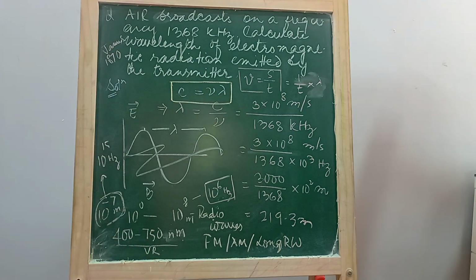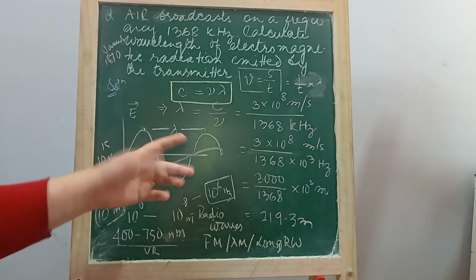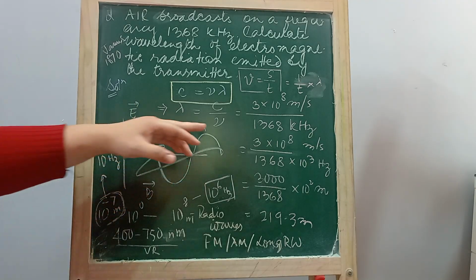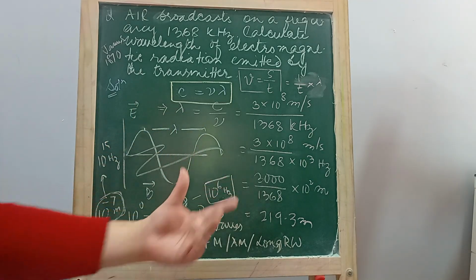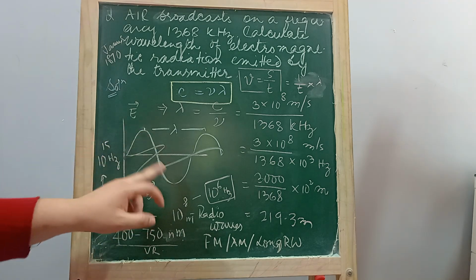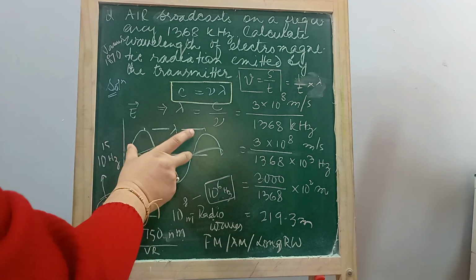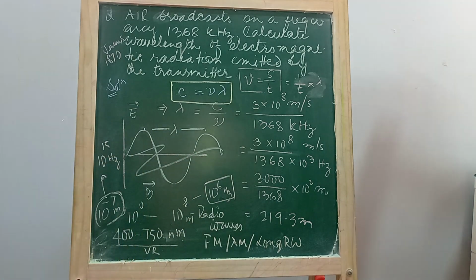What is a wavelength? This is how I'm depicting it: from trough to trough or from crest to crest. The distance between two adjacent troughs or two adjacent crests is one complete wave, and its length is the wavelength.